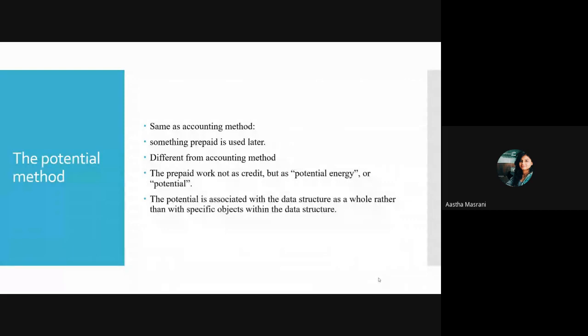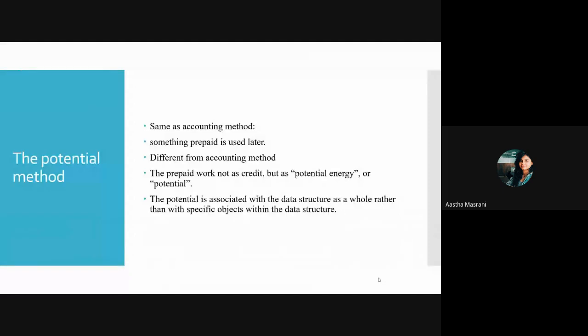So till now in the accounting method, we were assigning the cost to the operations. Now we'll be assigning the cost to the whole data structure. Giving the cost to the whole data structure means you are given the pocket money for the whole month, and then you are dividing it into your usage.